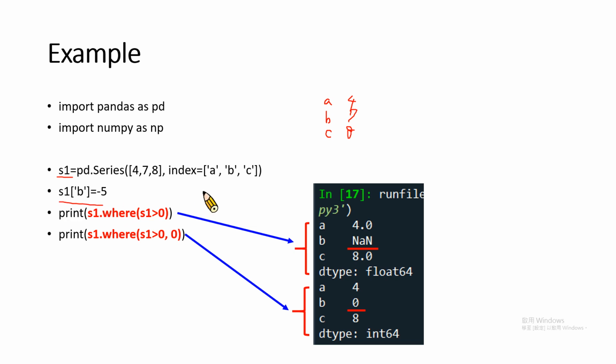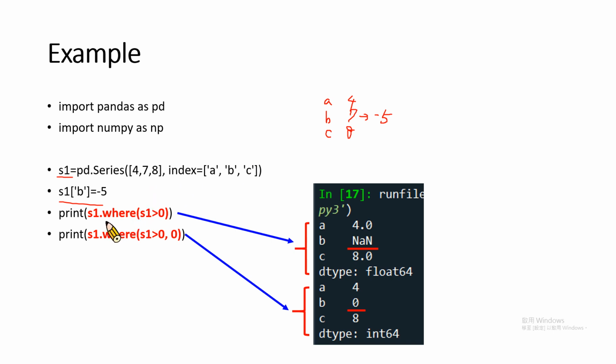Then next, you want to replace the value indexed by B to be -5. So here you modify the value to be -5.